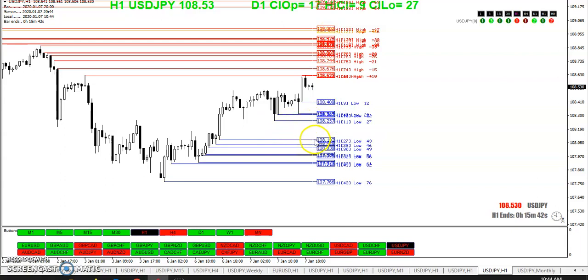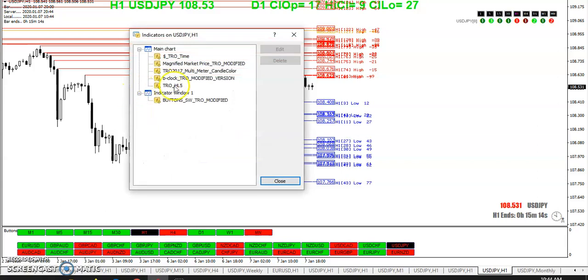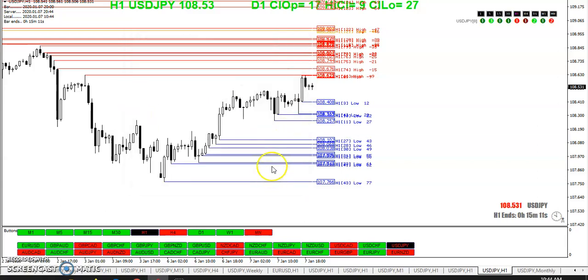It could continue to slide down to here, or it could get near this and reverse and go up. So this simple little tool, only looking at the lines that haven't been crisscrossed, can be a pretty powerful trading tool. And that's, once again, the TRO-HL5 indicator that is out there for free.